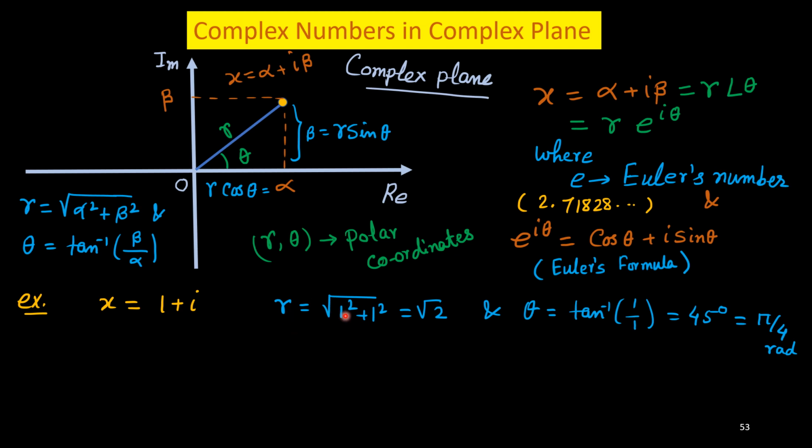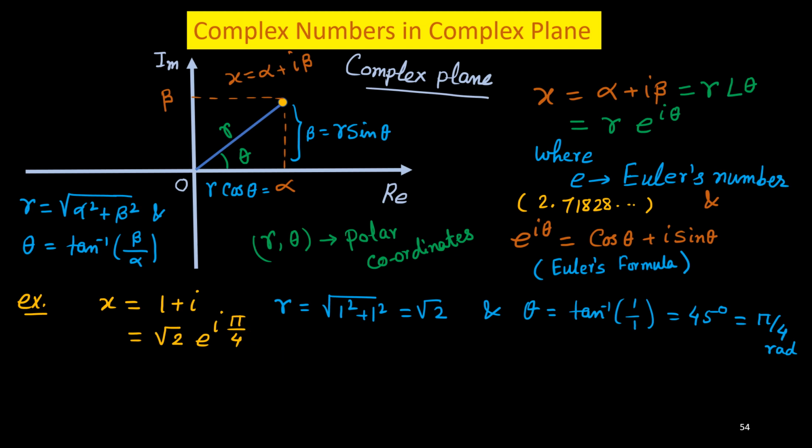R equals square root of 1 square plus 1 square, equal to square root 2. And theta is tan inverse 1 upon 1. Tan inverse 1 equals 45 degrees or pi by 4 radian. Right. So we can write this x as, this is the magnitude square root 2 and e to the power I pi by 4. This is a compact notation.